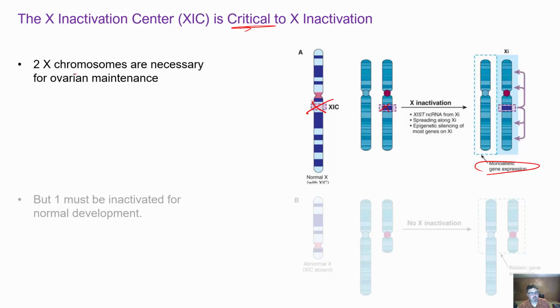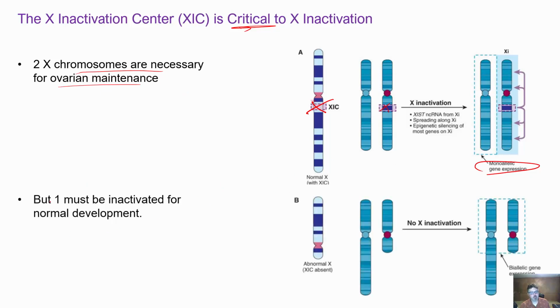You do need two X chromosomes for ovarian maintenance. You have to have both of them, but only one of the X chromosomes will actually be active, because the other one will be inactivated.